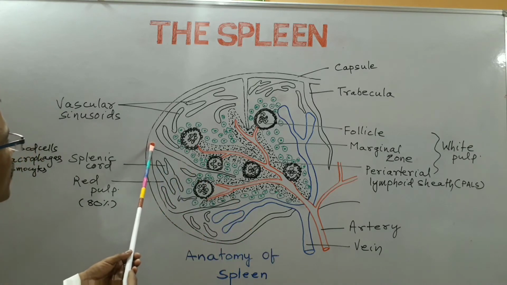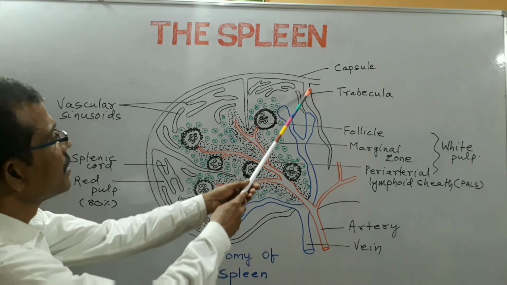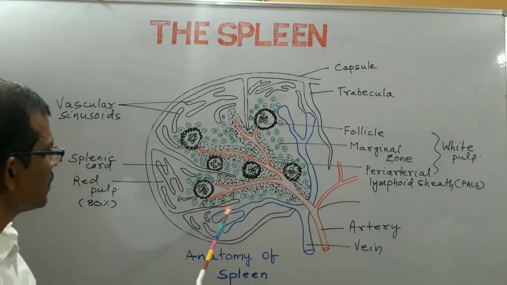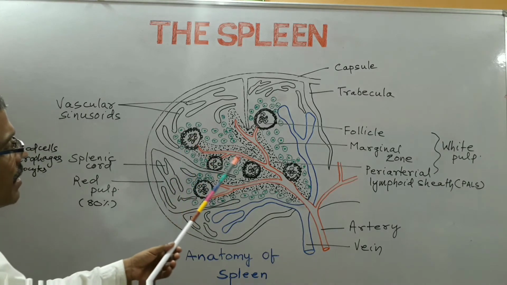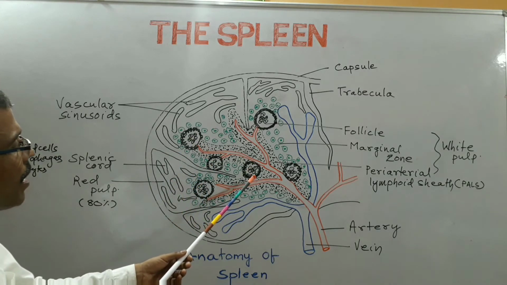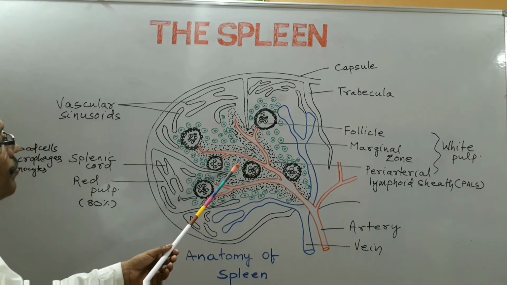The capsule gives rise to a number of septa. These septa are known as trabeculae. These trabeculae penetrate into the parenchyma of the spleen and partly divide the tissue.